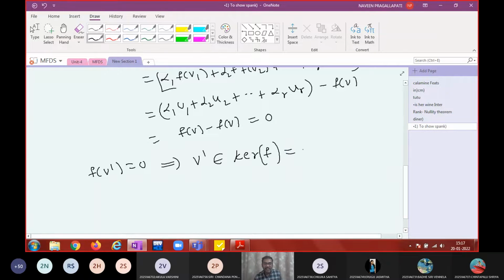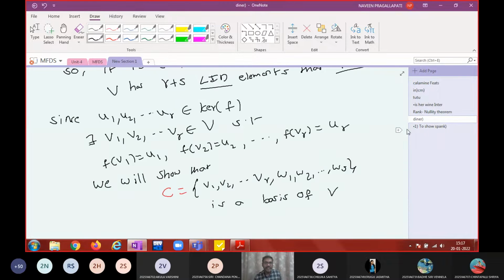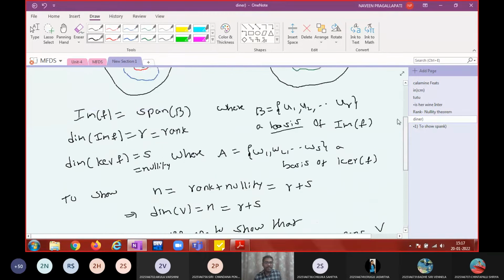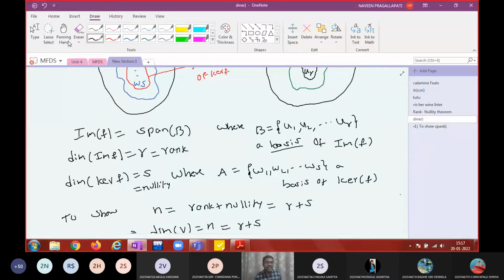And this kernel f is a subspace. When I say subspace, it has a basis. That means this can be generated by a span of w1, w2 and so on, ws. Am I right? Because I said the dimension of this is nullity. This is the basis of the kernel, so any element in this kernel can be expressed as a linear combination of these elements.